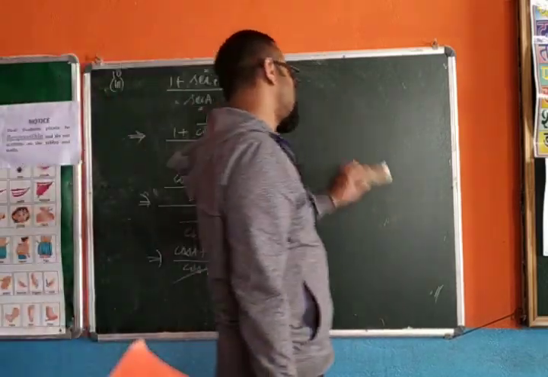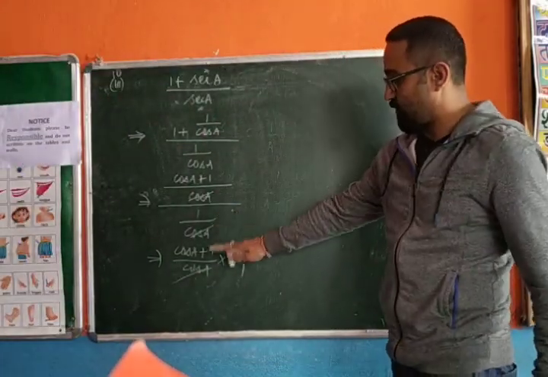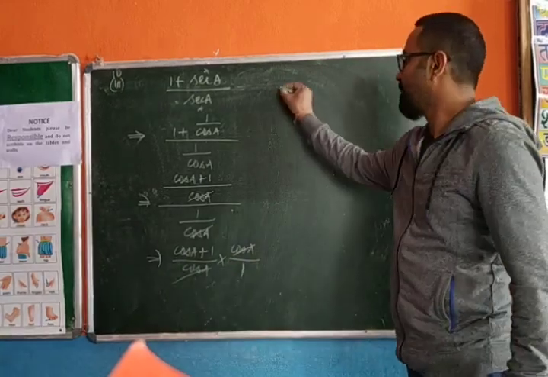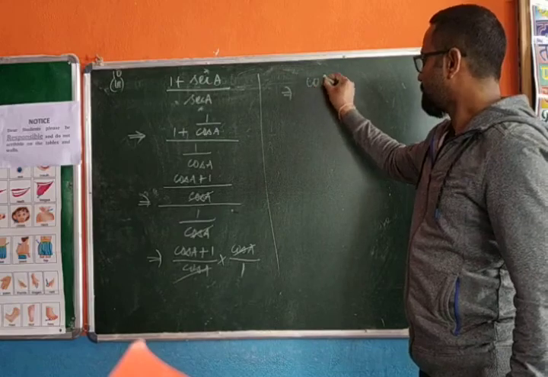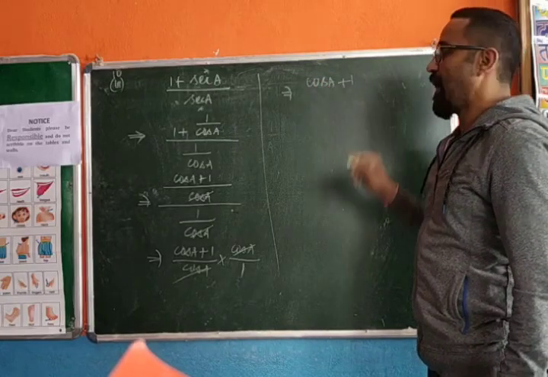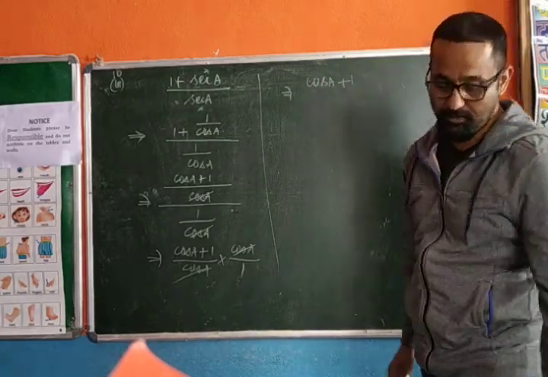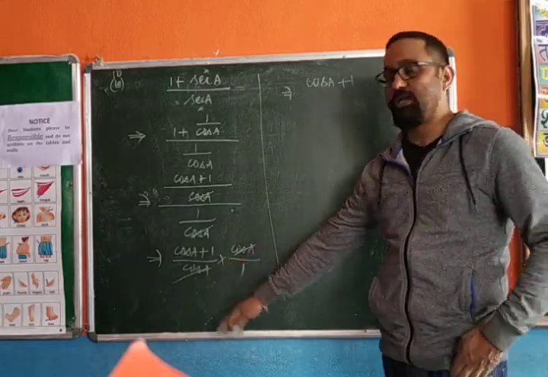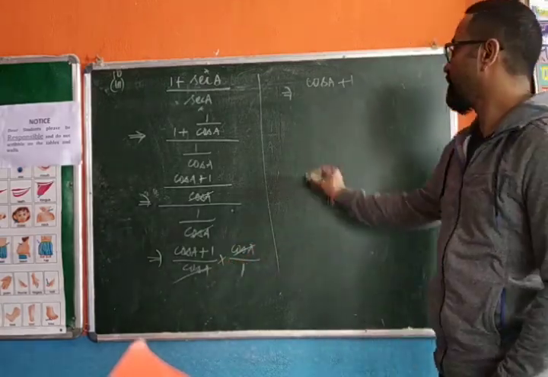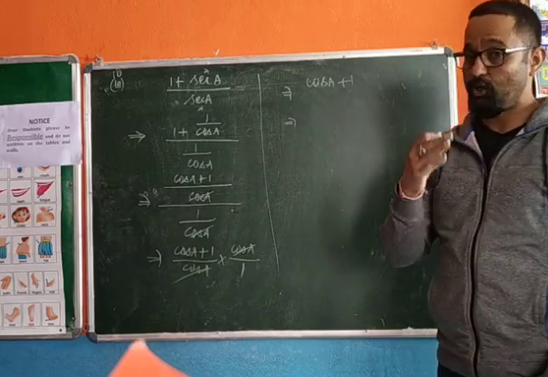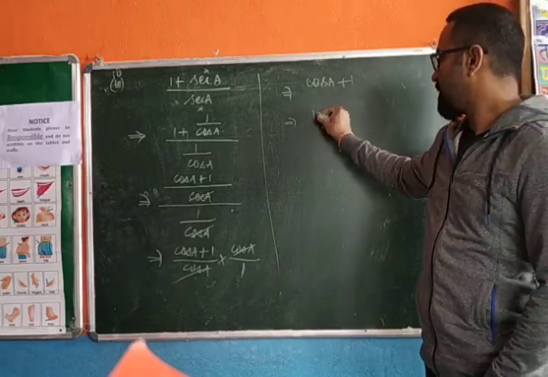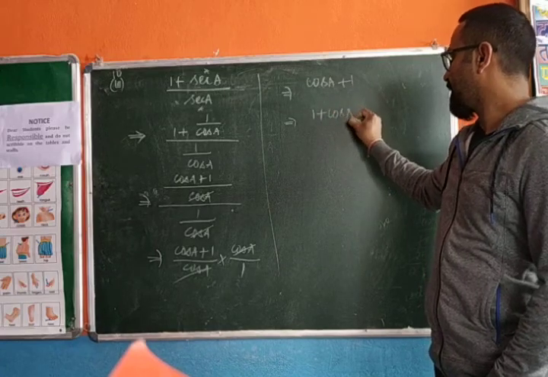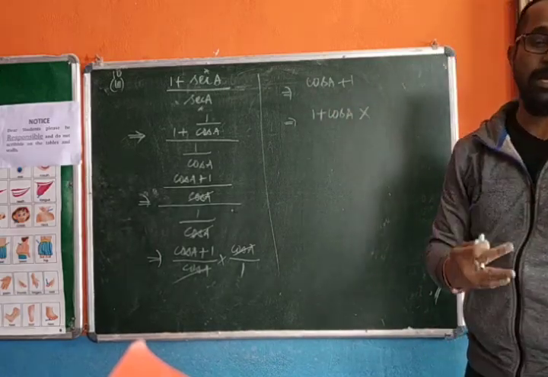Similarly, you can cancel directly in this particular step, or you reciprocate it. You are left with 1 plus cos A. Cos A plus 1 at numerator and 1 at denominator, so you don't have to write it. On the right hand side, you have to prove sine square A. So arrange this 1 plus cos A and then rationalize it.